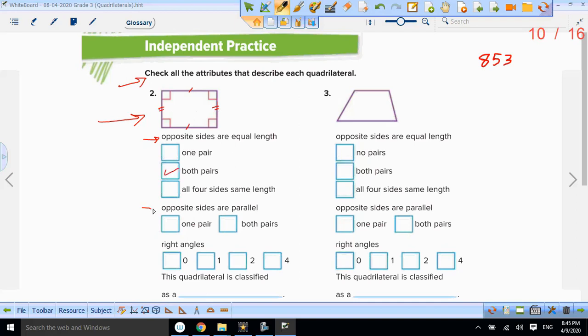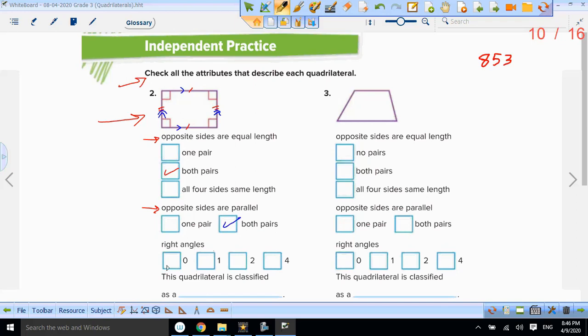Opposite sides are parallel. One pair or both pairs? If you look at the parallel sides, you will find this side parallel to this one, and also this side parallel to this one. So we have both pairs.